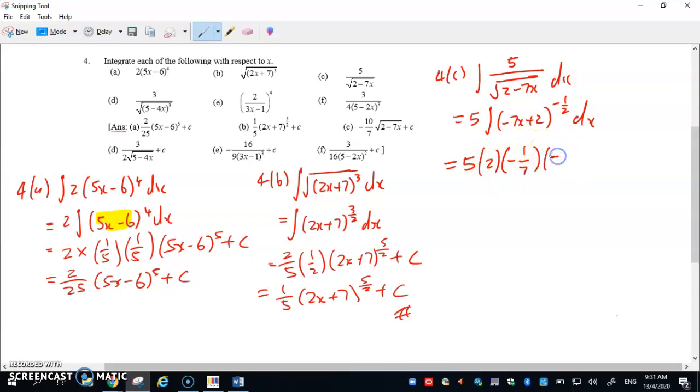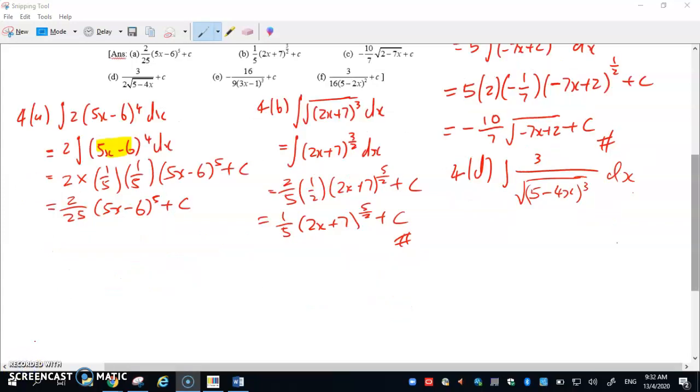This expression will turn into (-7x + 2)^(1/2) plus c. And your answer will be minus 10 over 7 square root of (-7x + 2) plus c. That's your final answer.